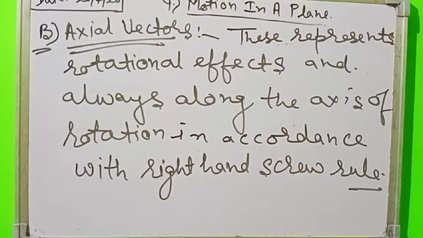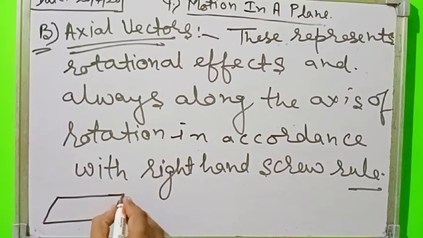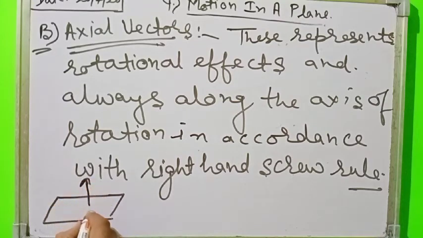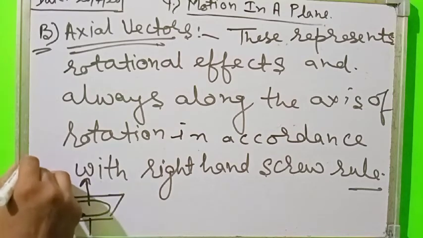So these are the axial vectors. I am drawing the diagram. Let us understand by the diagram also. This is anti-clockwise.